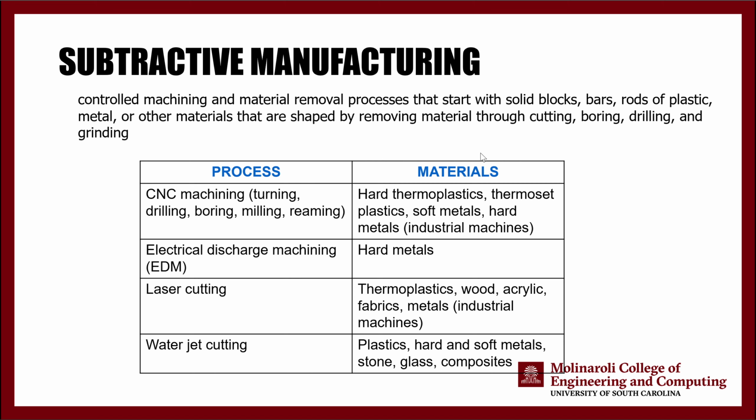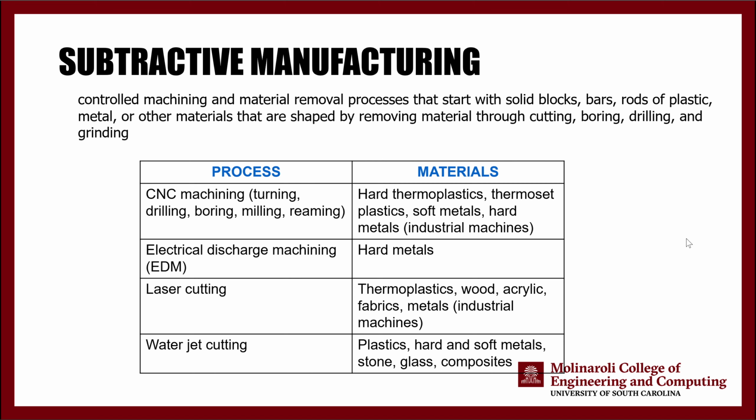Subtractive manufacturing itself can include different processes. For example, CNC machining is one of the subtractive manufacturing techniques. CNC machining is used usually for hard thermoplastics, thermoset plastics, soft metals, and hard metals.